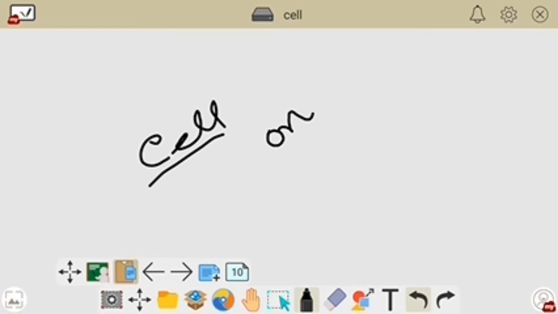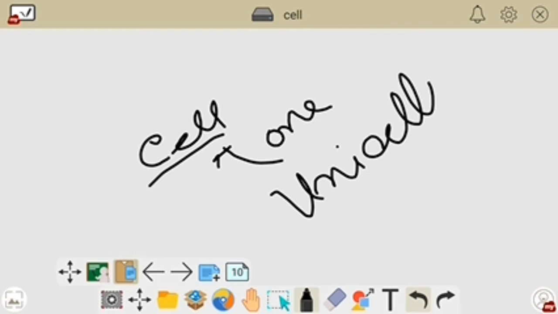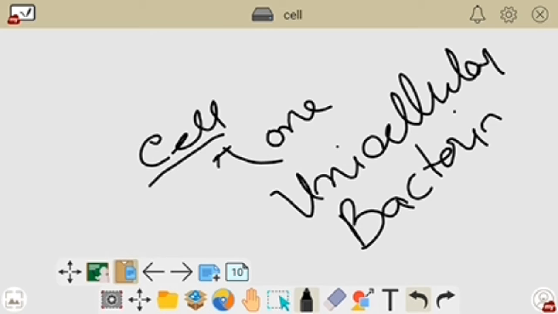Examples of unicellular organisms are bacteria, which has only one cell, amoeba, which is also a one-cell organism, and euglena, which is also unicellular.